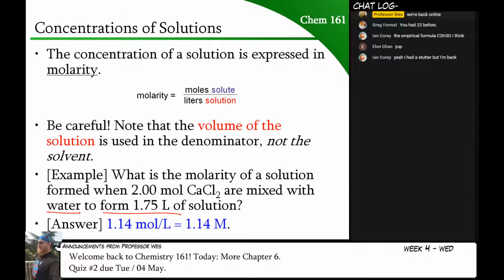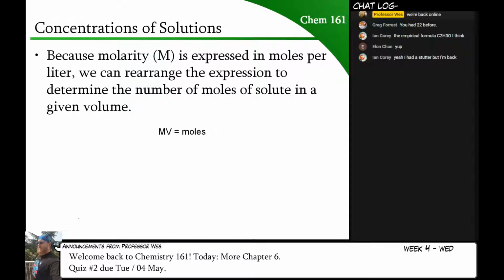All right. So now that we know the formula for molarity, we can use it in calculations. Because it turns out that if you take molarity and multiply by volume, like I showed you in the pre-lab bit before, you get moles, and this is why. Here are the units of molarity. Here are the units of volume.